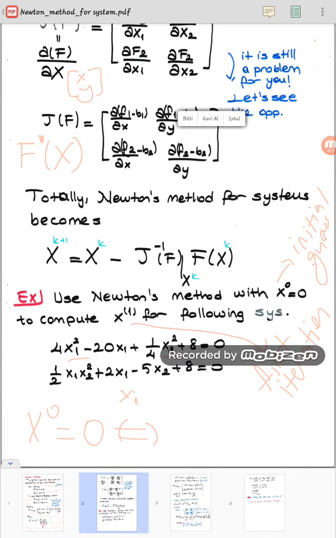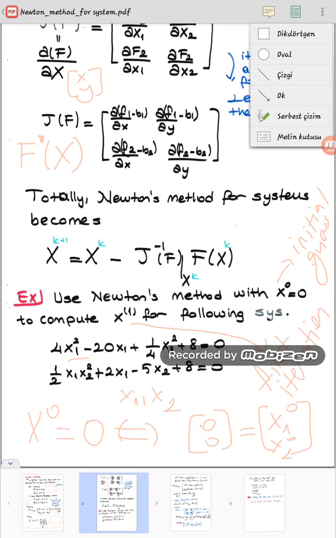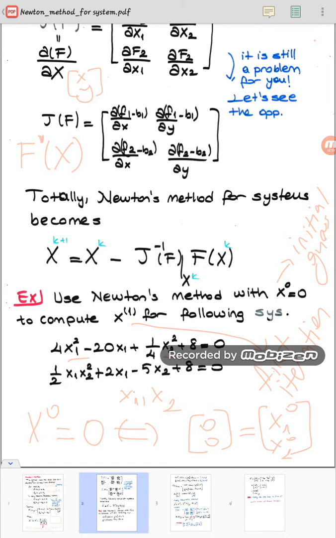So x1 and x2 are unknown for you. It means that big x0 is actually 0, 0. They correspond to x1 at the 0th iteration and x2 at the 0th iteration. Okay, you should know it. So let's see how we solve these problems.